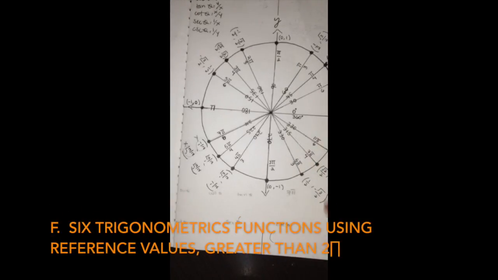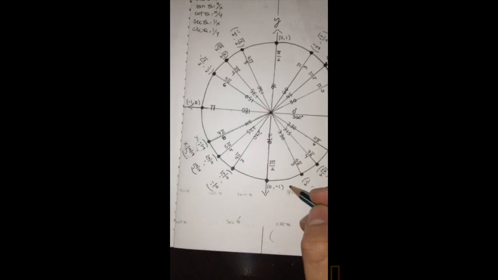To find the 6 trigonometric functions for 7 pi, we will first have to find a complementary form of this angle in a smaller version of it. So we're going to start subtracting 2 pi's. This will give you 5 pi, minus 2 pi again will give us 3 pi, and minus 2 pi again will give us just pi.